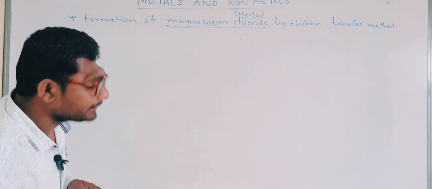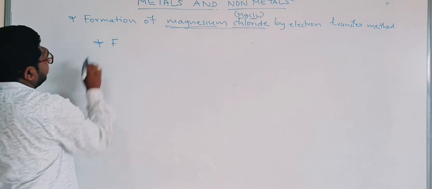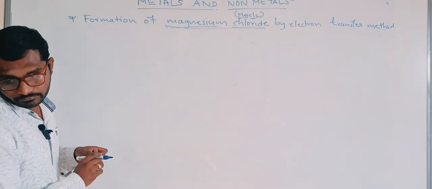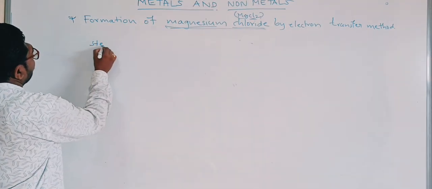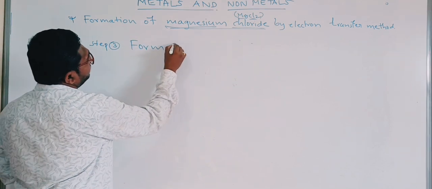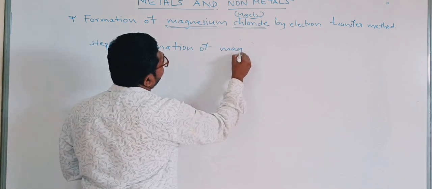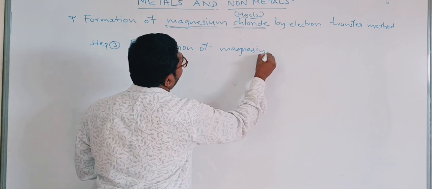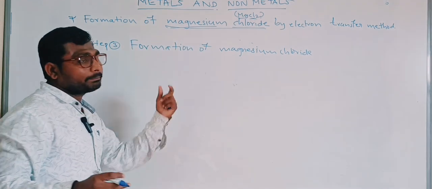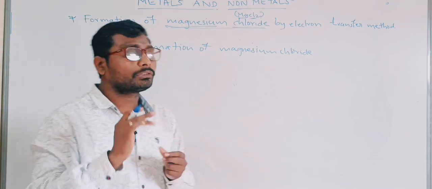Step 3: Formation of magnesium chloride. In the first step, magnesium loses 2 electrons.